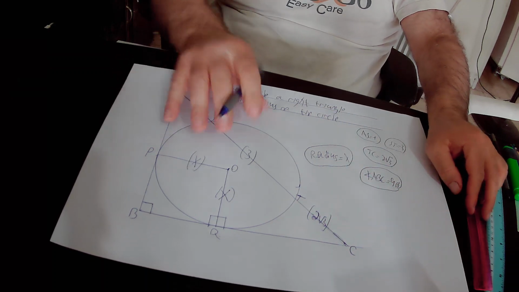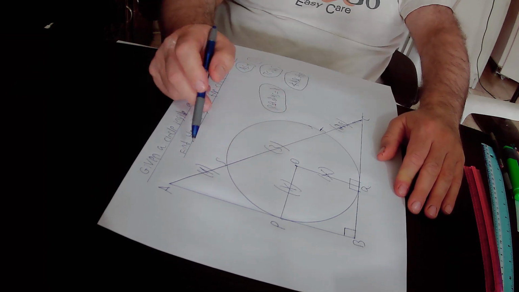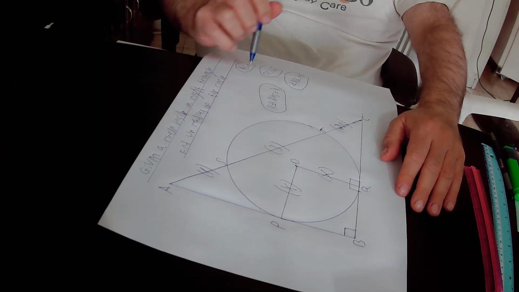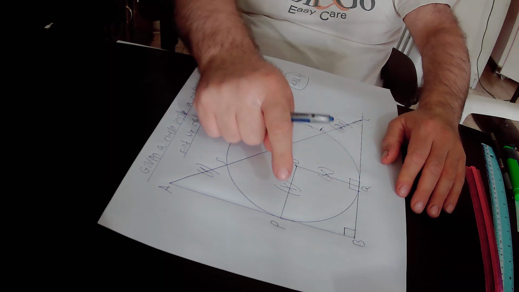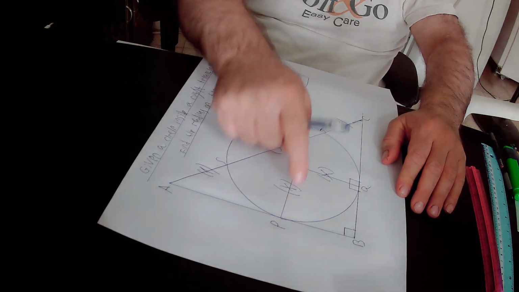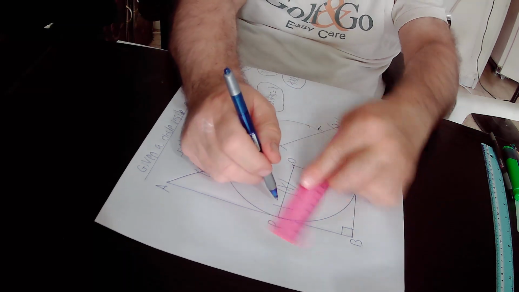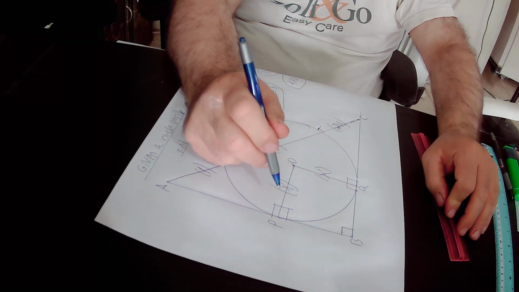And again, we have here the radius OP that is drawn to point P, that is the point of tangency of tangent AB with this circle. And whenever you have a radius that is drawn to the point of tangency, then tangent AB will be perpendicular to the radius PO. If AB is perpendicular to PO, it means that this angle equals 90 degrees, and this angle also equals 90 degrees according to the same rule, rule 1.